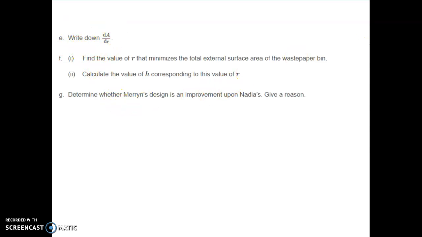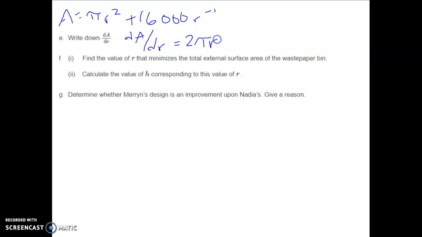So if I use that formula that I just found, it would be easier if I moved that r up to the top. So I'm going to have pi r squared plus 16,000 r to the negative 1. Now I can take the derivative. So dA/dr, pi r squared. Now pi is not a variable. Pi is a constant. The only variable that I have here is r. So I'm going to move the 2 down in the front, 2 pi r.